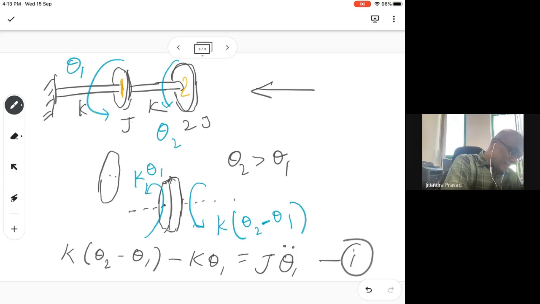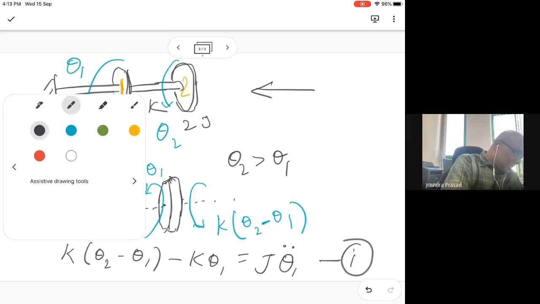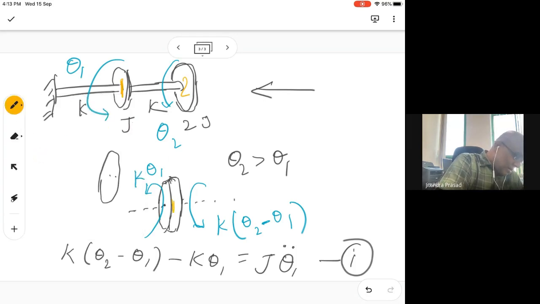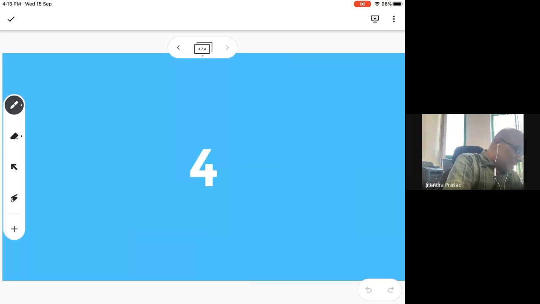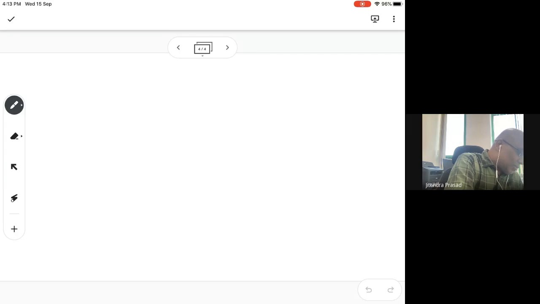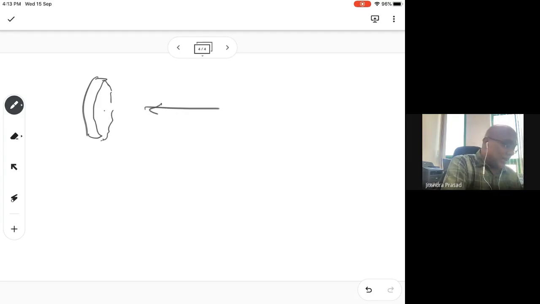Now similarly we can do it for number 2. So how does number 2 look? Number 2 will be like this. We are looking from this side. For number 2, we have moved by θ2.